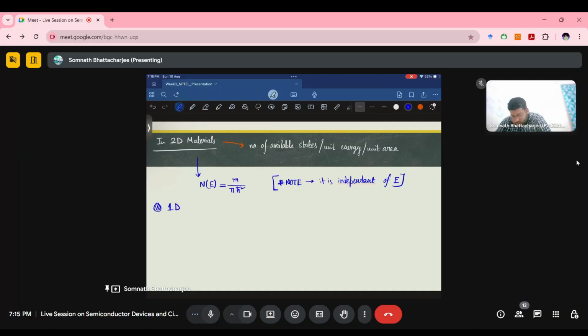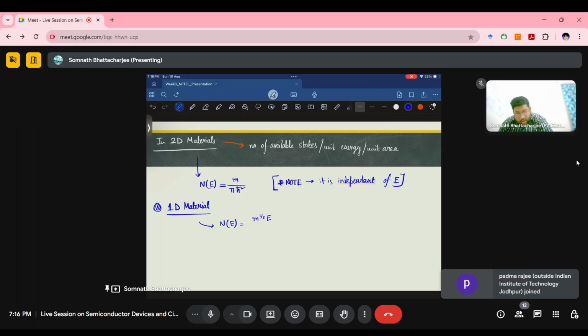The next one is 1D material. In 2D there was a single dimension that was negligible with respect to the other two dimensions, whereas in 1D material there is only a single significant dimension. The value of n in this case comes out to be m to the power half, E to the power half, 2 to the power half, over h cut pi.